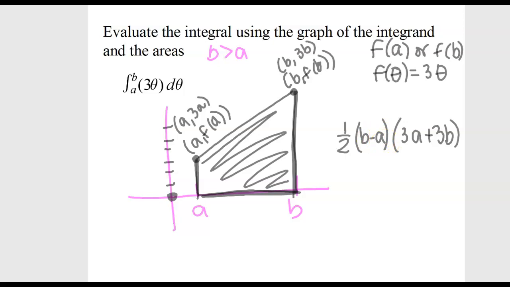Because once you knew A and B, so if in the future you were told A is 4 and B is 9, you would just go back in and plug in 9 minus 4, 3 times 4 plus 3 times 9, and work out your answer. So you're finding it in general to use it in the future with a number.